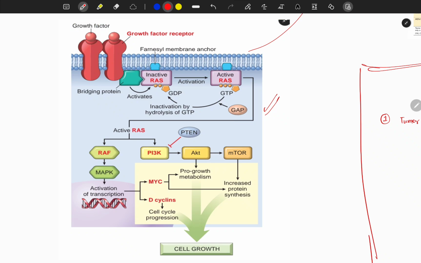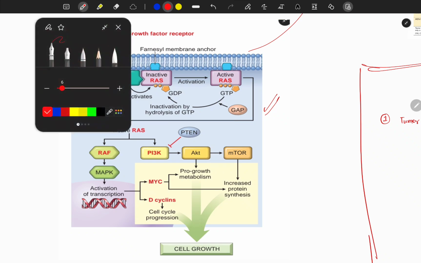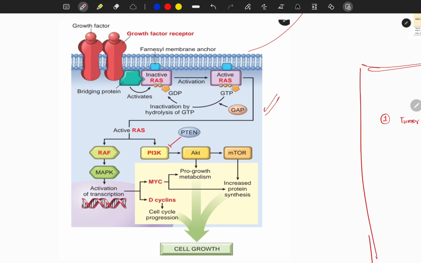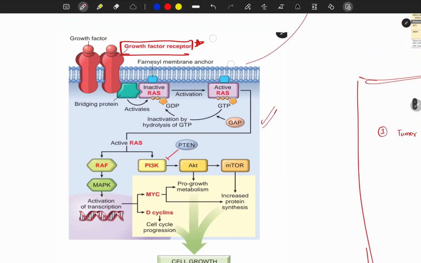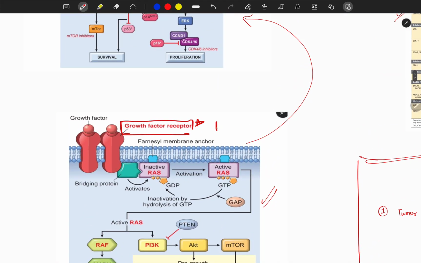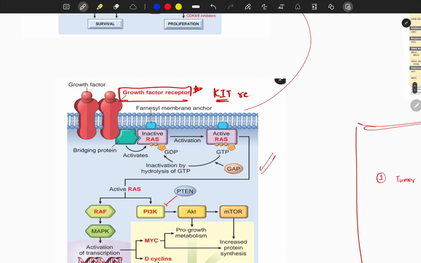So where can we act such that it will cause excess of this pathway? One is this growth factor receptor. If something happens to this, now in your melanoma, the melanocytes have this thing called the KIT receptor.